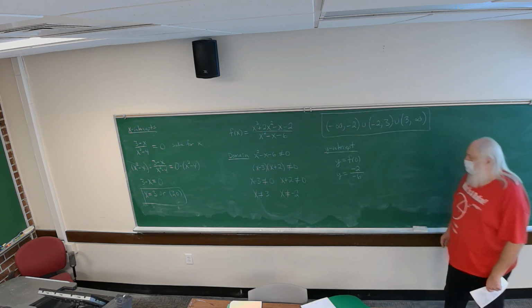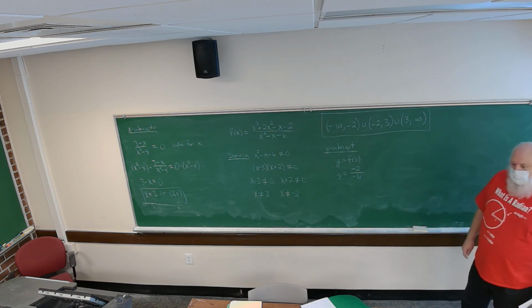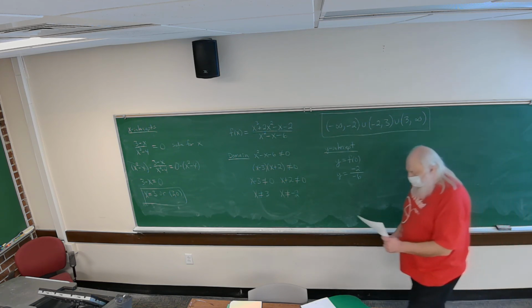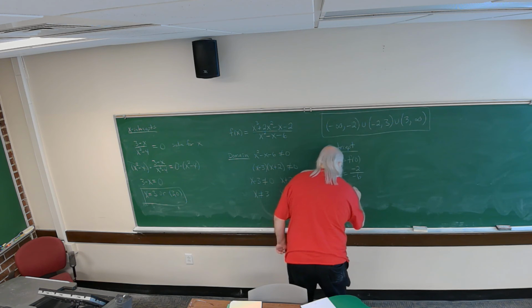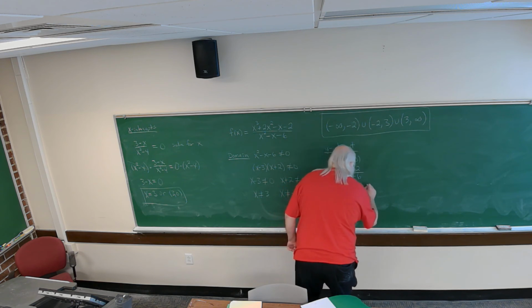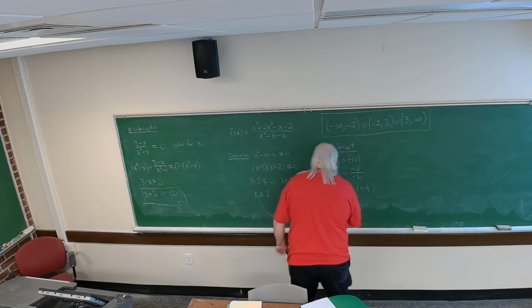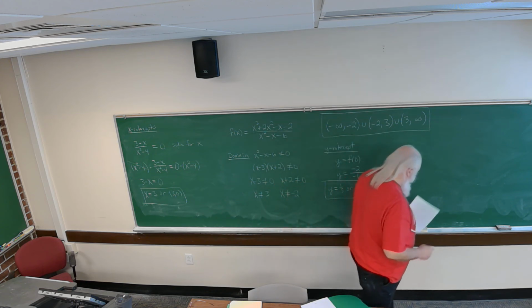You get minus 2 over minus 6, which simplifies to 1/3. So y equals 1/3, or the ordered pair (0, 1/3) is the y-intercept for this problem.